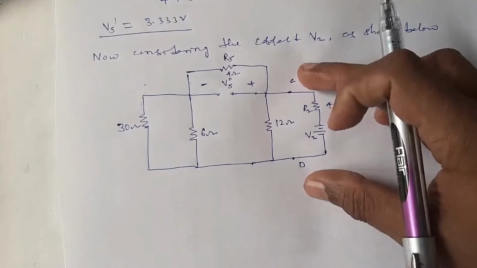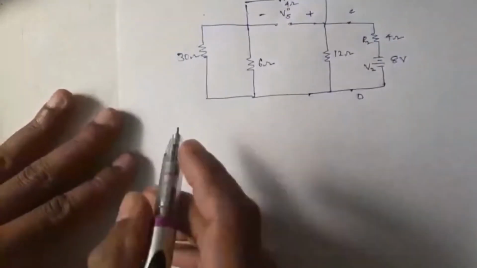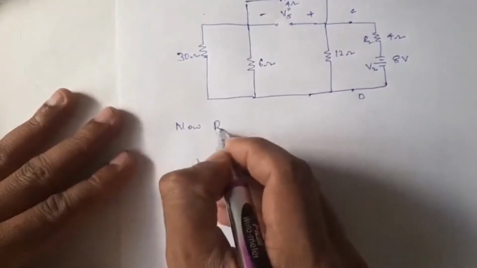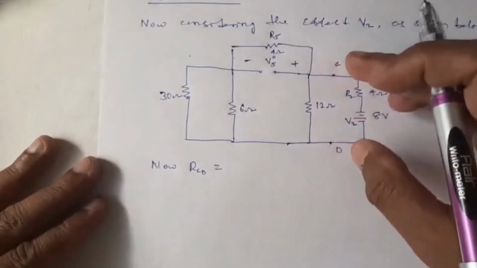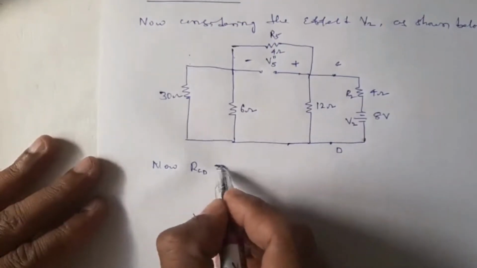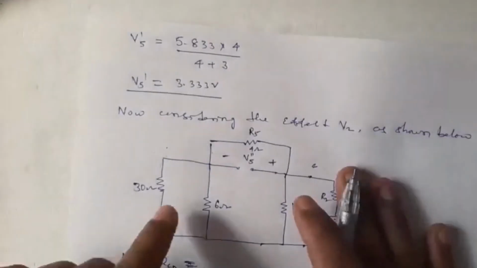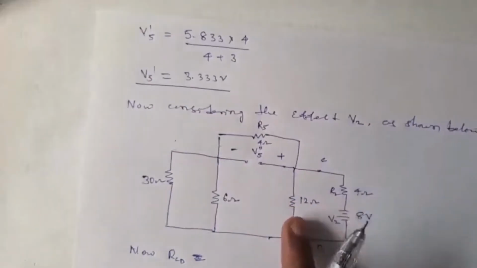So first, the total resistance RCD we should find. If you see, these two are in parallel, this parallel combination is in series with this, and the total combination is in parallel with this.